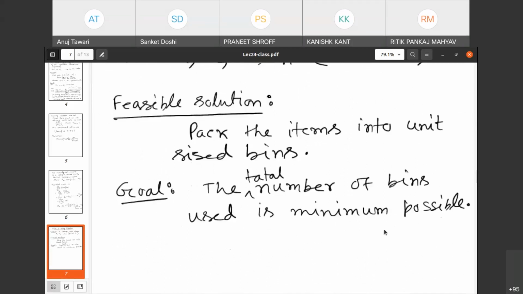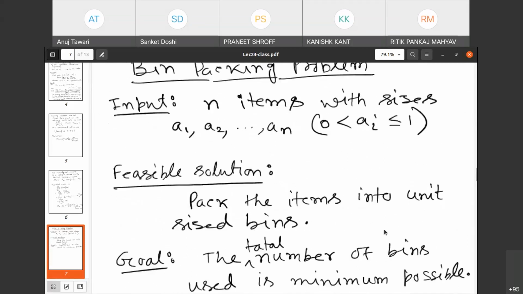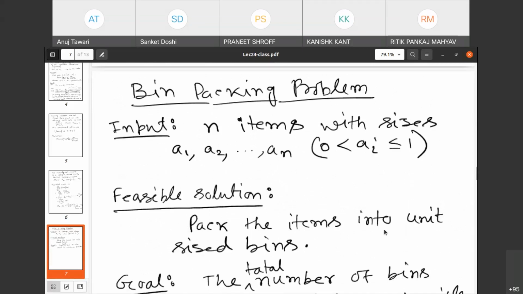Okay. So one practical example you can think of is, let's say you have n documents which you want to print. And let's say you have only m many printers and only, let's say, 30 minutes to print all these documents. So which document you send to which printer is the same as packing these items into bins, right?